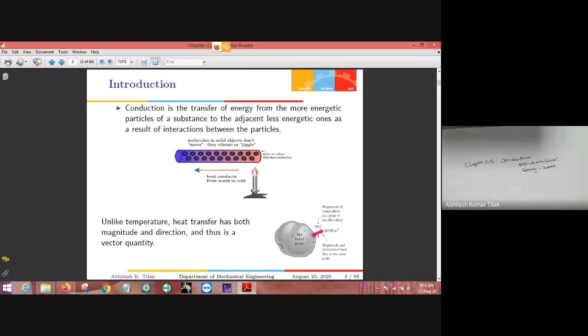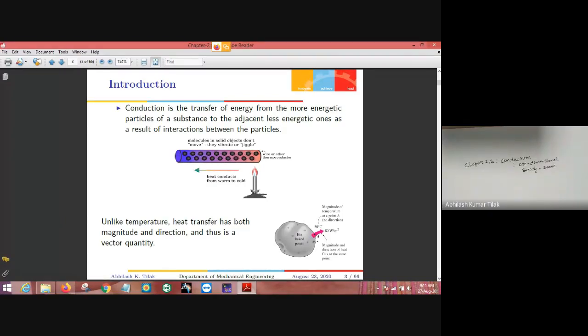For example, with a hot baked potato, to know the temperature at a particular point you need to know first the location of that point. Also, we need an idea about the direction of the heat transfer, whether it is into the system or leaving the system, plus the magnitude at a particular point.